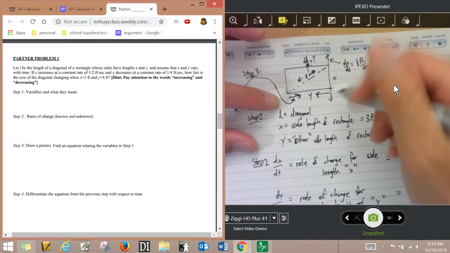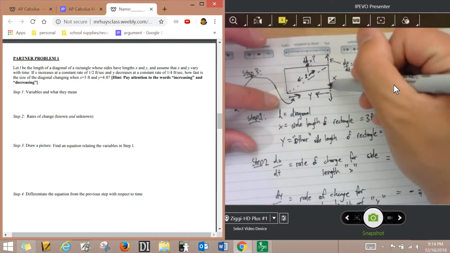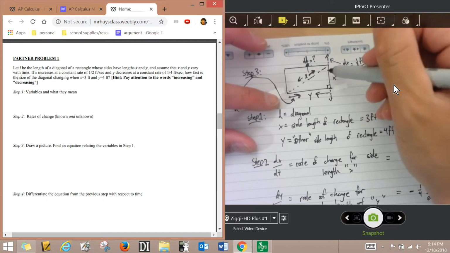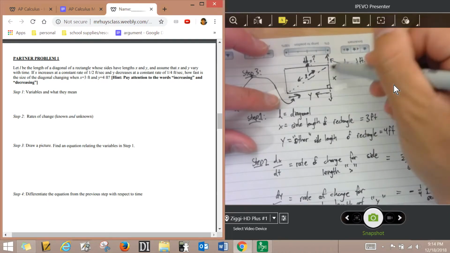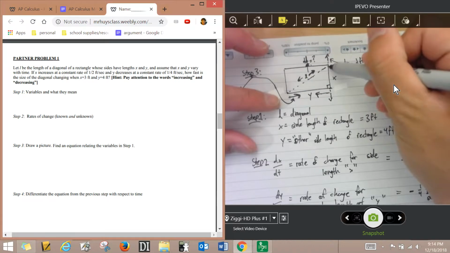But I know it's a rectangle. If you know anything about your rectangles, a rectangle has 90 degree angles. And from the 90 degree angle, what I see with the diagonal and these two side lines X and Y is that they form a right triangle, because it's literally a triangle embedded in this rectangle.